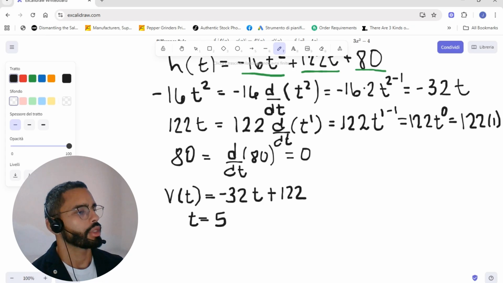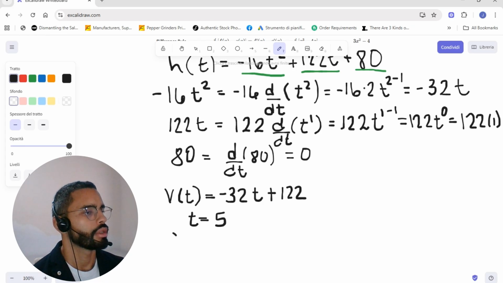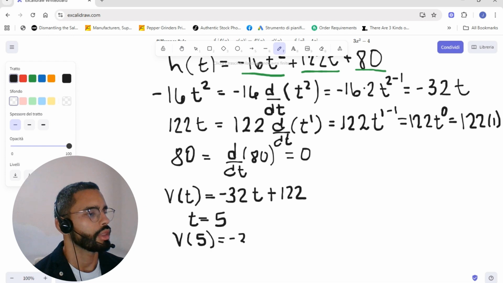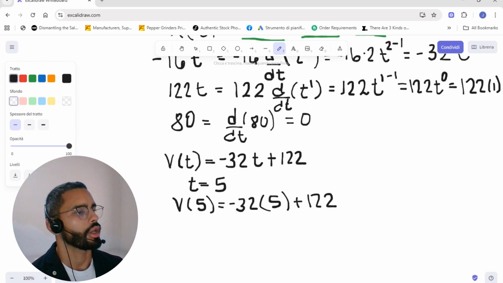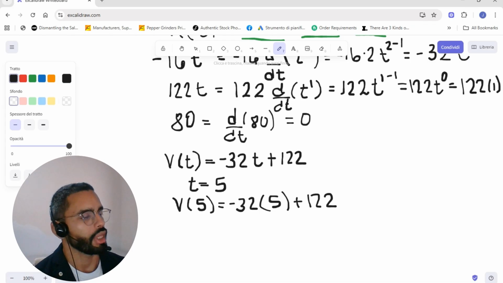And what will that look like now? v equals negative 32 times 5 plus 122.